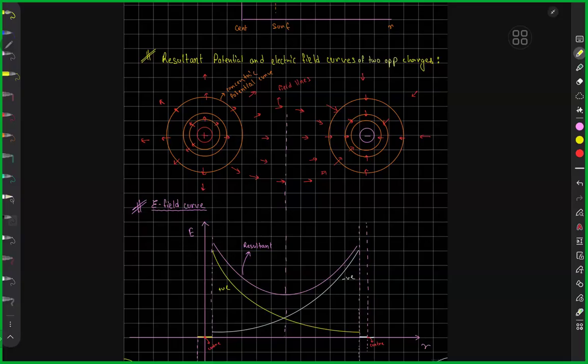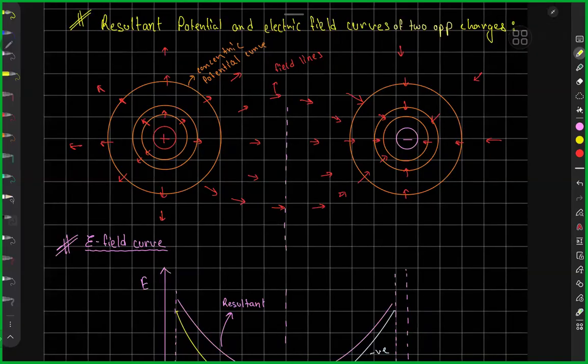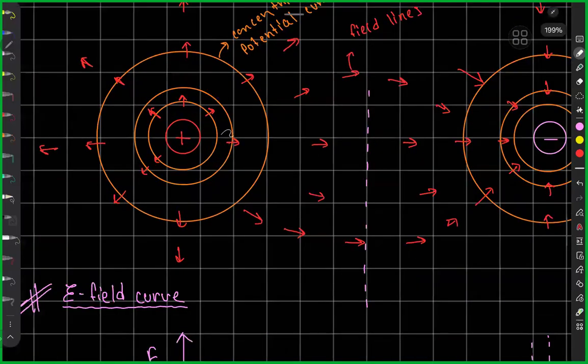First thing that you notice, do you see the concentric potential curve? Those are the circles we discussed in the last class. These are simply representing the potential with respect to distance. What does that mean?